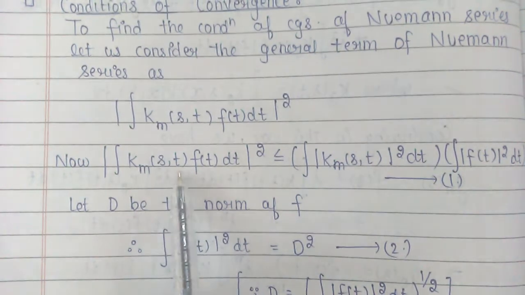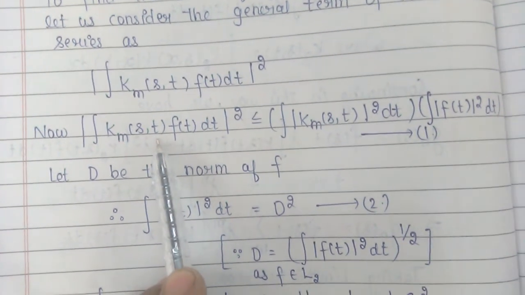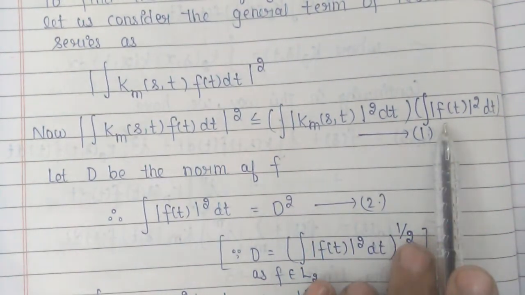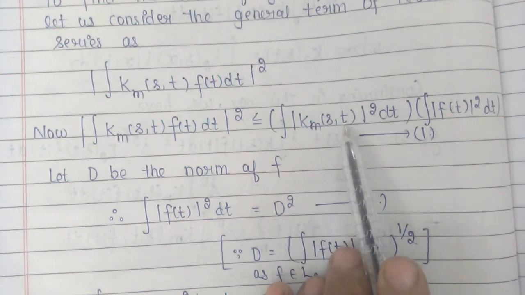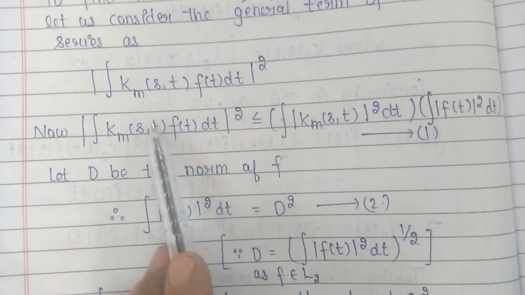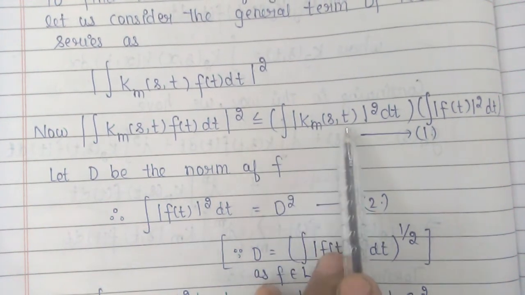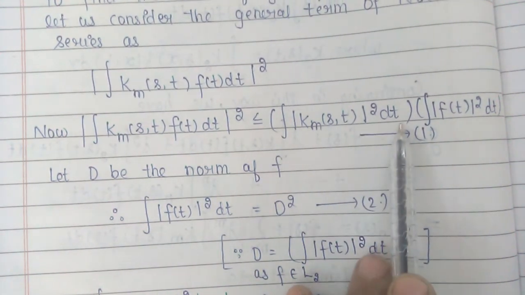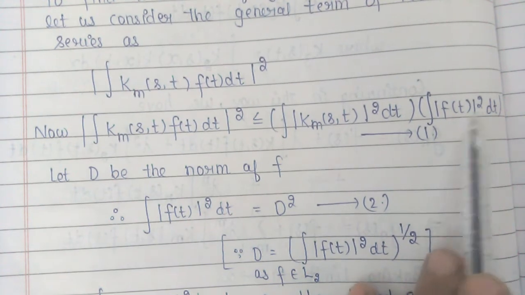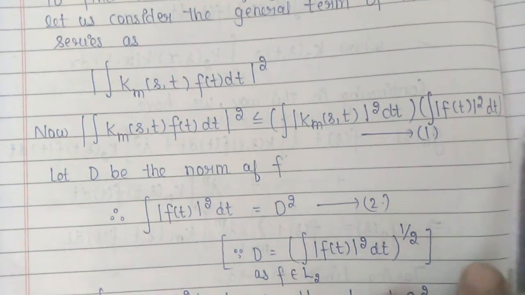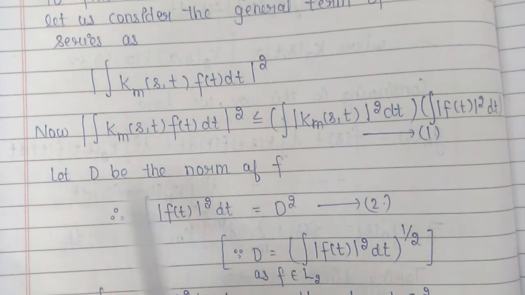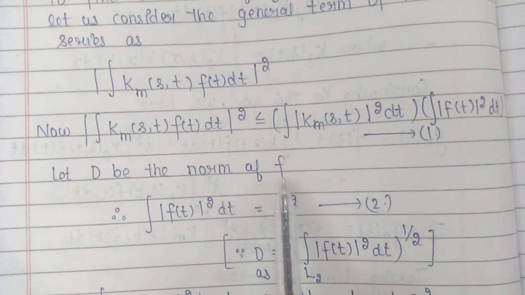Now considering this term and applying the Schwarz inequality, this term is less than or equal to the integral of |K_m(s,t)|^2 dt times the integral of |f(t)|^2 dt. Now let us take d as the norm of the function f.